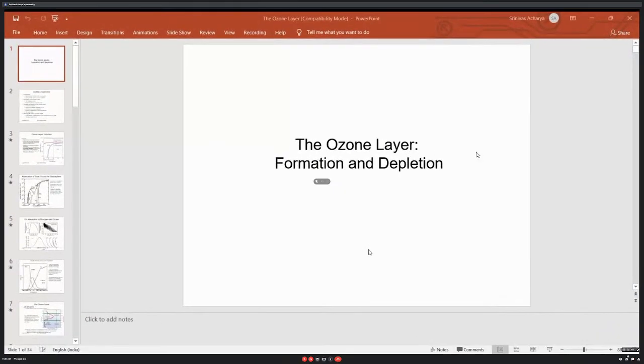Okay. We have already discussed in our physical classroom about ozone in the troposphere as a pollutant. This is a secondary pollutant causing photochemical smog or Los Angeles smog.